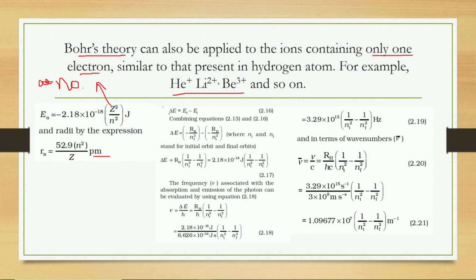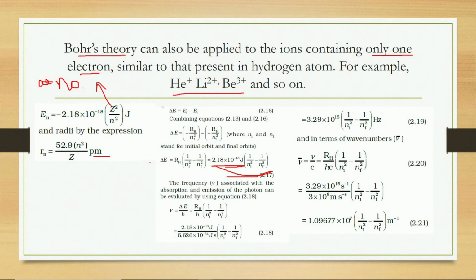If we want to calculate delta E, meaning the difference in energy, that means E final minus E initial, we get this relationship. Here ni represents the initial orbit and nf represents the final orbit.